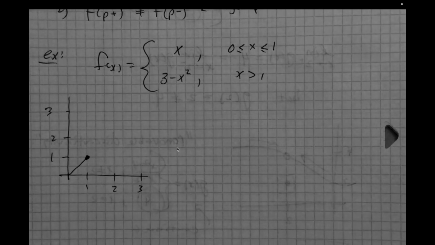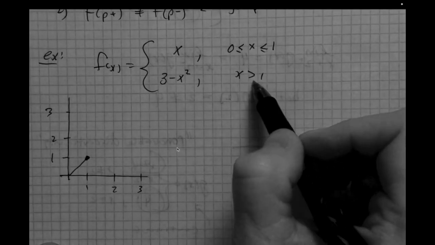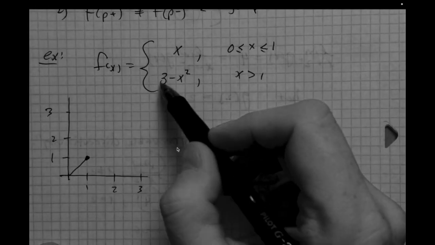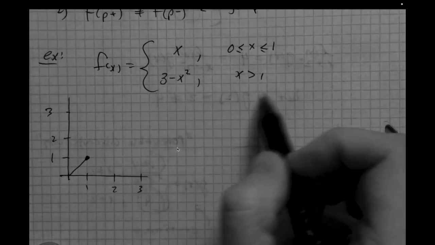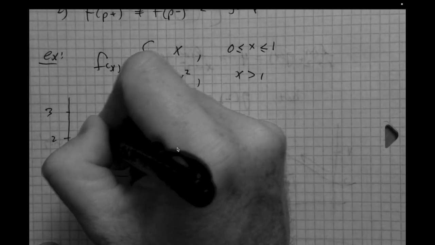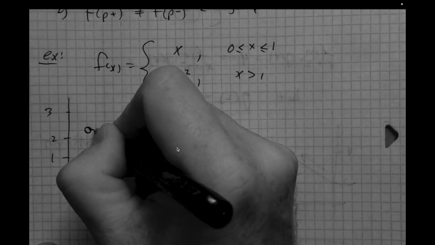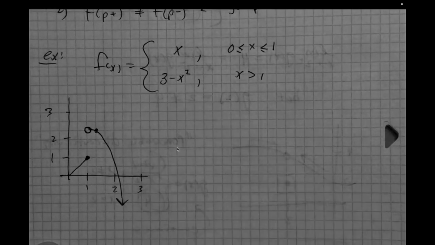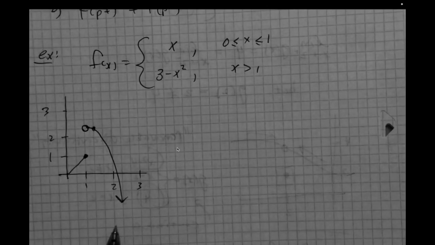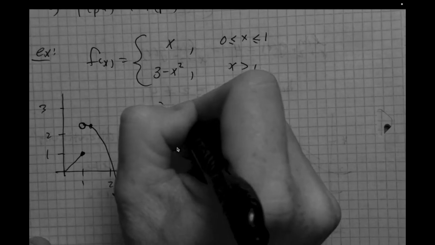But then once you get to 1, there's this jump discontinuity, because if we were to plug in 1 here, you would see that this is 3 minus 1, so we would jump all the way up to here. So actually we'd have an open gap there, and then it's going to come down and do something like this, right? It's a quadratic. It's half of a quadratic headed in the downward direction. So it looks like this, and so you've got this jump. So this is a jump discontinuity.